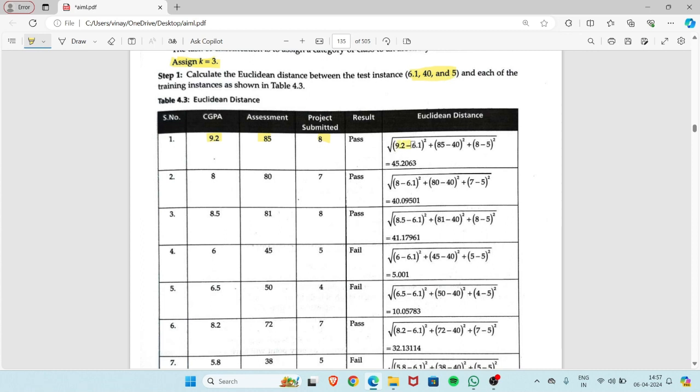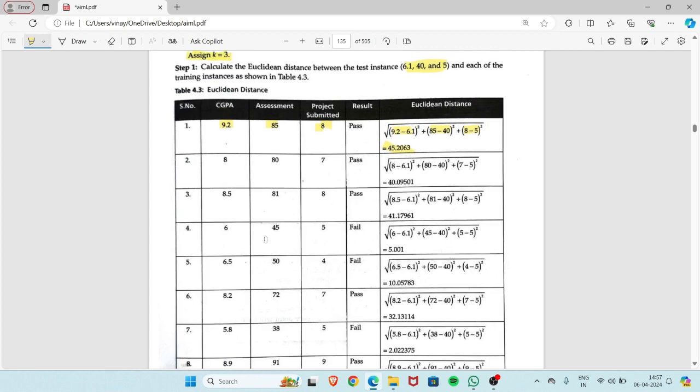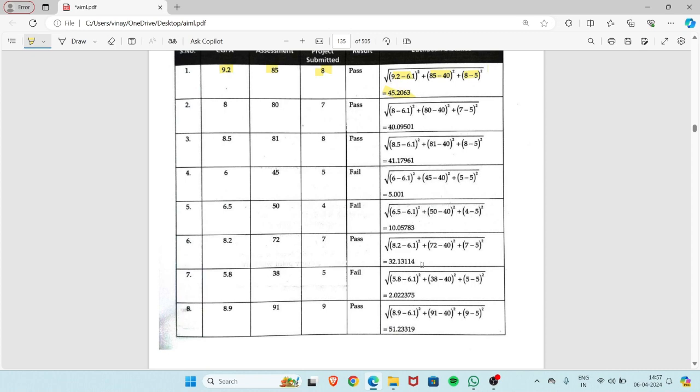So (9.2 minus 6.1) whole square plus (85, which is the assessment marks, minus 40, which is the given test instance) whole square, plus (8 is the total projects submitted, and 5 is the test instance), so (8 minus 5) whole square. The answer which you are getting here is 45.2063.